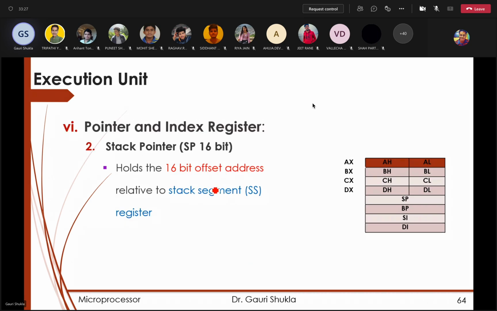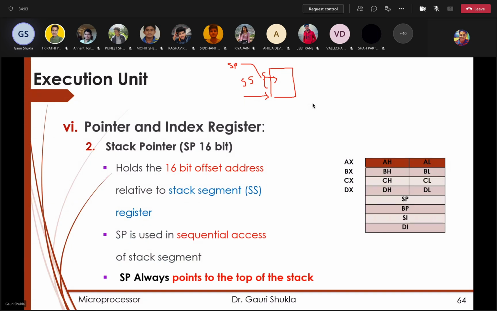Next one is the stack pointer. As the word suggests, it holds a 16-bit offset address relative to the stack segment. So, you all remember offset now. The stack segment register will have the base address, and then the 16-bit offset will be present in SP, wherever I want to point to.